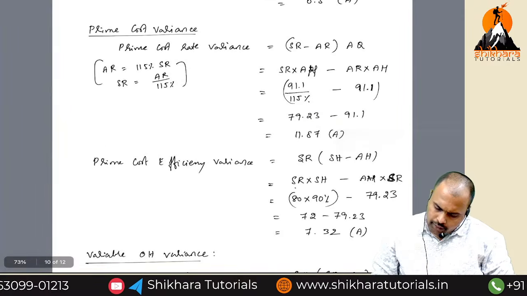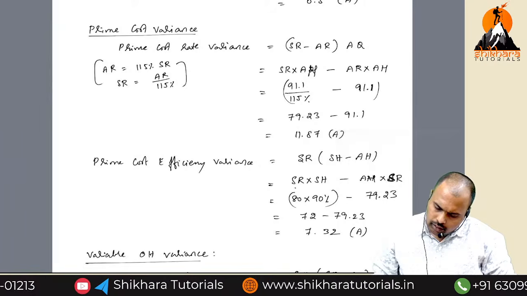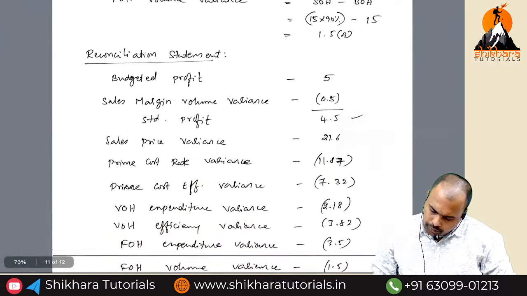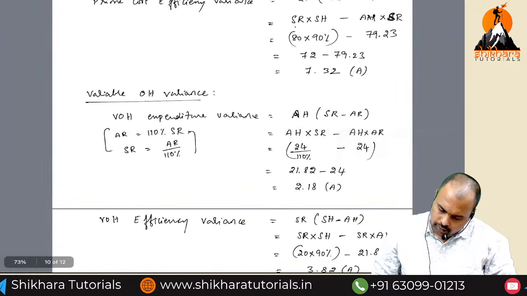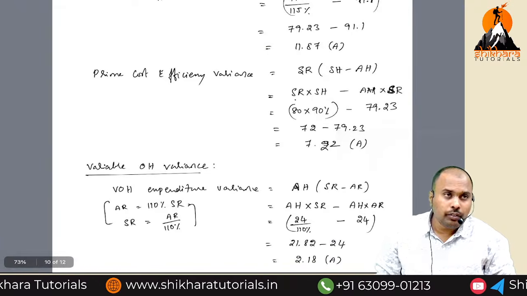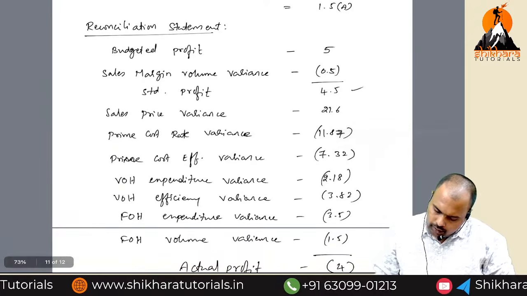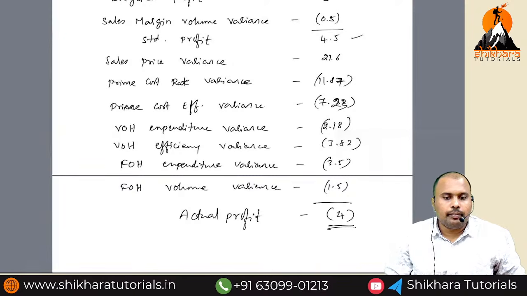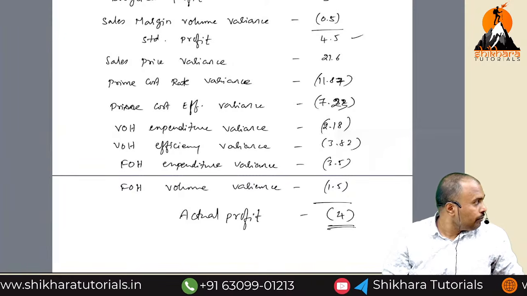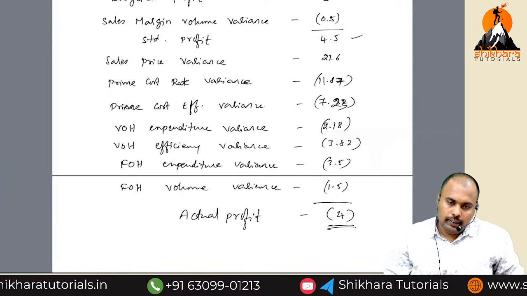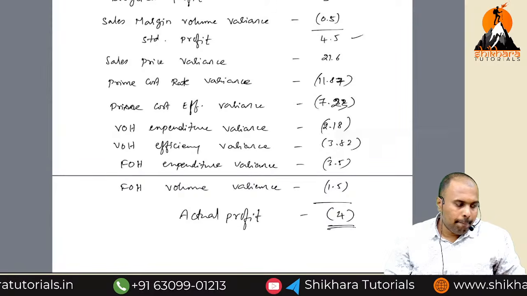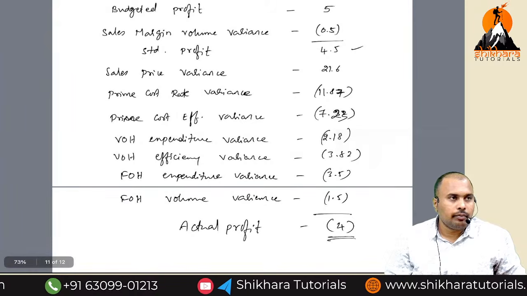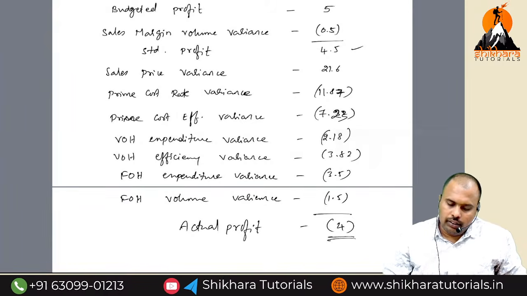Prime cost rate variance is 7.32, or 7.23, yeah? Take 7.23, now check it. Tallying, right? So that's it.